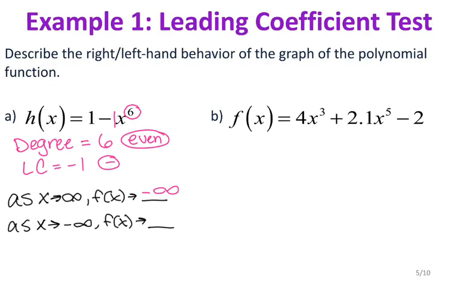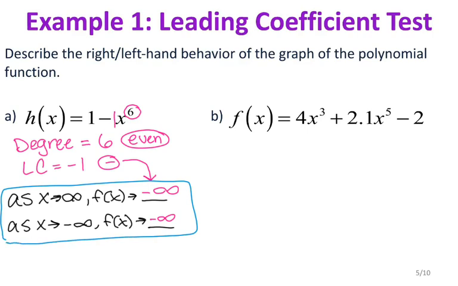So your leading coefficient is always going to tell you whether your first infinity is positive or negative. And your degree, whether it's even or odd, is going to tell you whether these two infinities are going in the same direction or opposite directions. Well, since my degree is even, that means they should be going in the same direction. So the second infinity is also negative infinity. And this right here is your left and right-hand behavior.